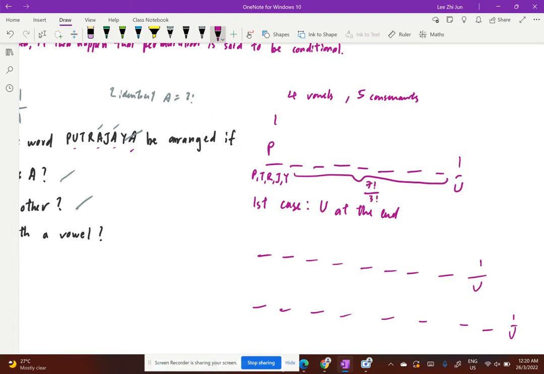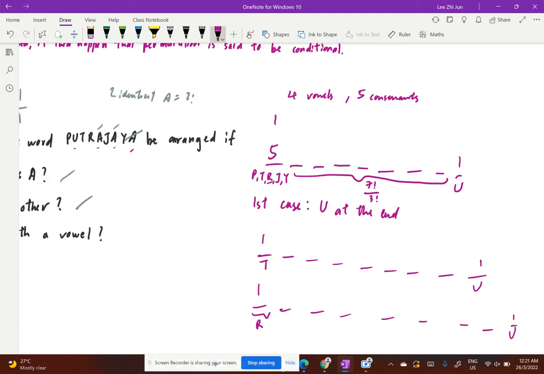Here P, I put 1. If I choose T, same condition, also 1. If I choose R, also 1. So I can just add on these conditions, 1 all together to be 5. The 5 includes all of P, T, R, J, Y here.